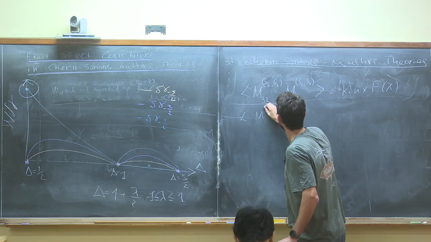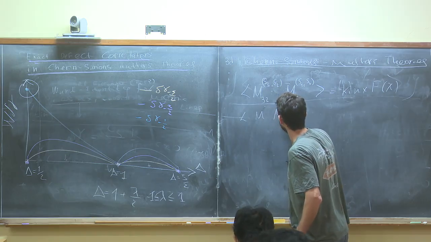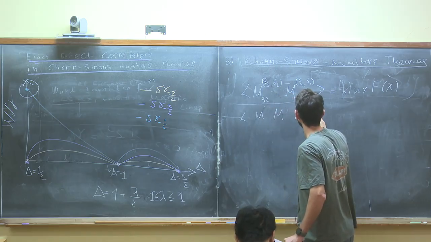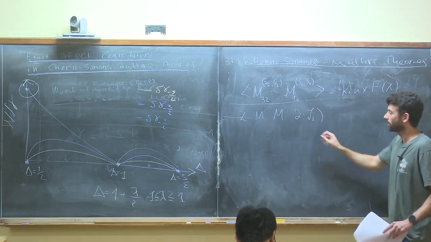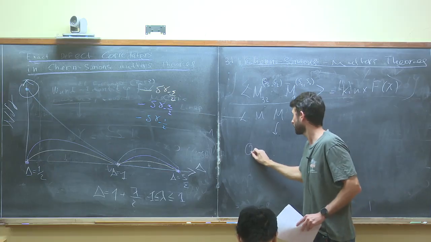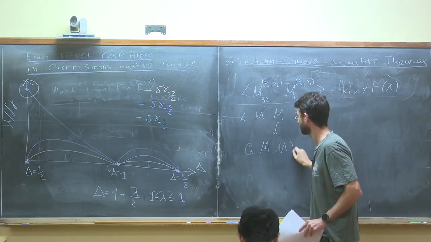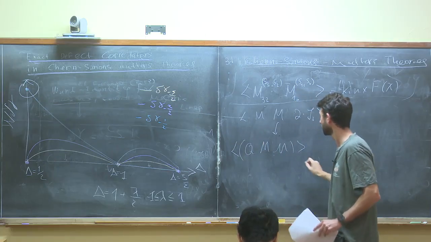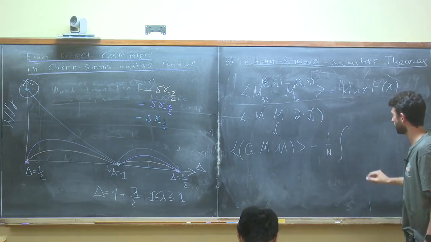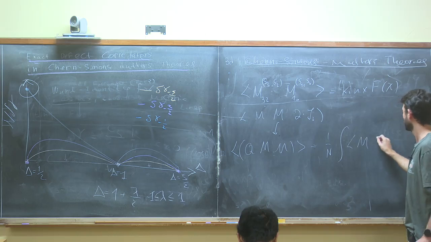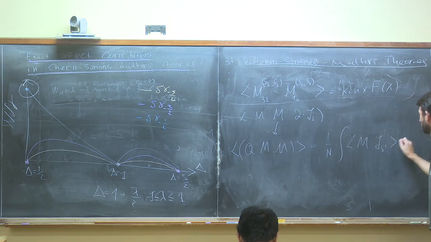I take two of those, and I put here the divergence of J free. From one side, I get the action of charges on M and M. On the other side, I get an integration over MJS prime, MJS prime prime, integrated.